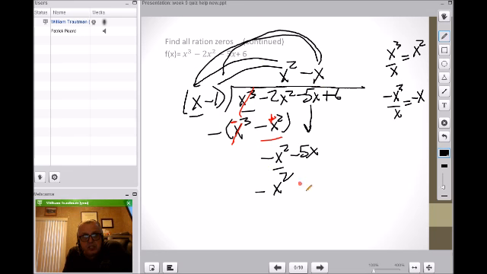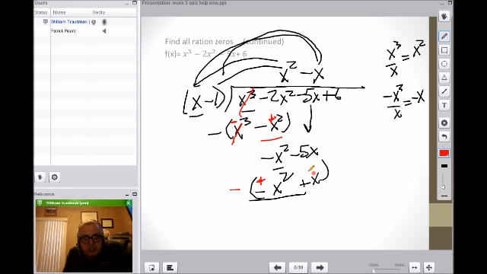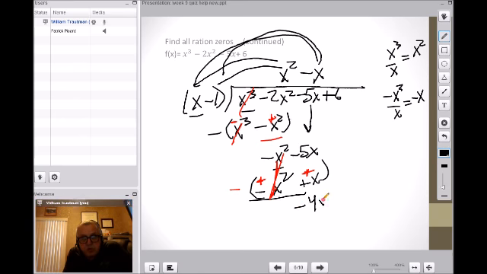Negative x times a negative 1 is a positive x. We're going to subtract this, which changes the sign of each item in here. Negative x squared plus x squared cancel. Negative 5x plus 1x is a negative 4x. And then I'm going to bring down the 6.